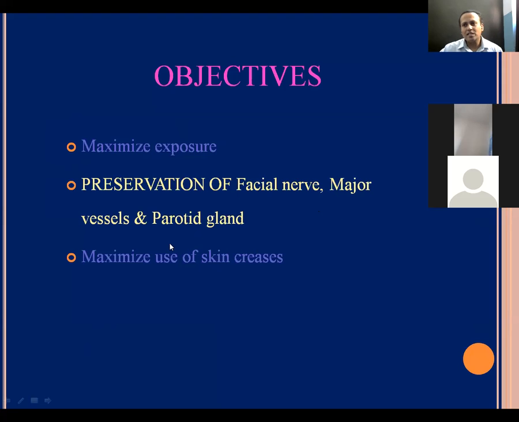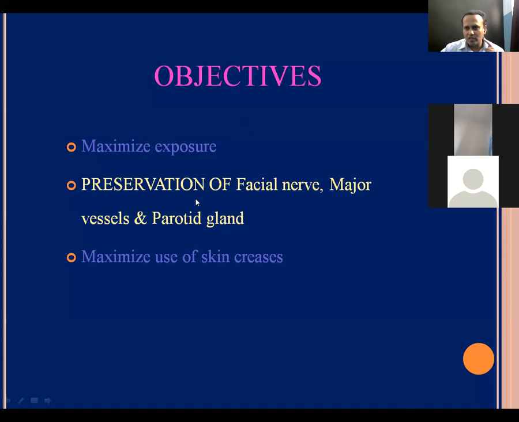So these are the major structures which are present in the region of the temporomandibular joint. That is, the facial nerve is present, then the parotid gland is present. So we have to preserve the facial nerves, parotid glands, and branches of the external carotid artery.